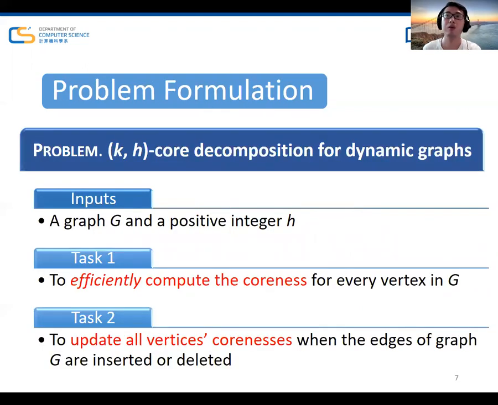Motivated by this, we revisit the problem of (k,h)-core decomposition in our work. Given a graph G and a positive integer h, the (k,h)-core decomposition is to compute the coreness for every vertex. Moreover, when the edges of graph G are inserted or deleted, it needs to update all vertices' coreness accordingly.